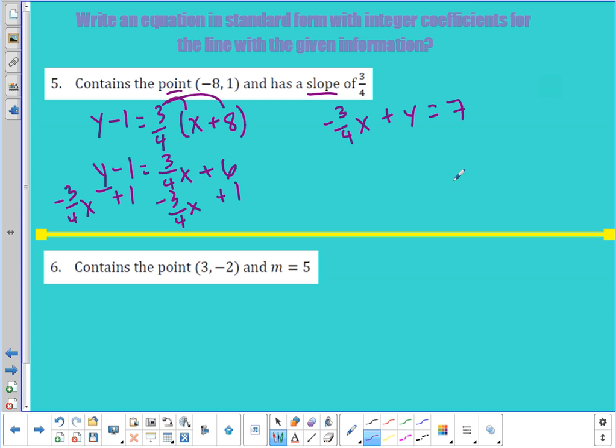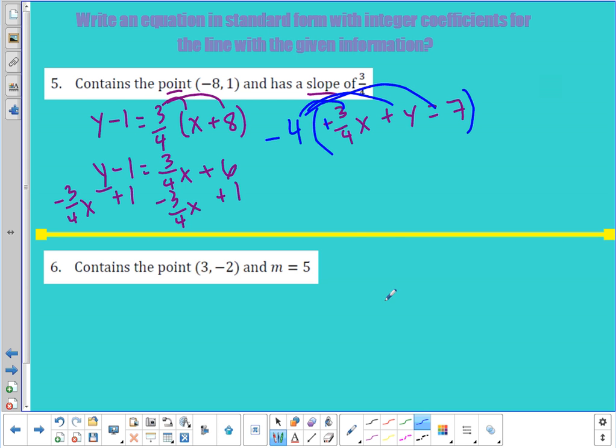All right, so now I've got the x and y term together on the left, constant over there on the right, but I need to make them integers, and I need to make the leading coefficient positive. So I'm going to multiply the whole equation by 4, because that's my denominator that I'm working with. And I'm going to also multiply the whole thing by a negative, because that'll make that leading coefficient positive, which is what I want.